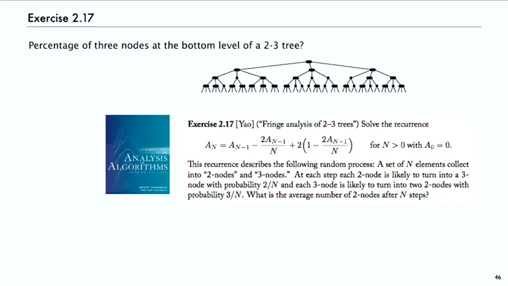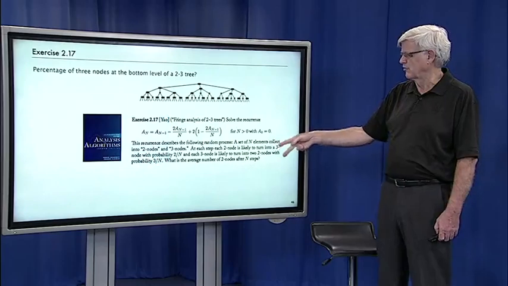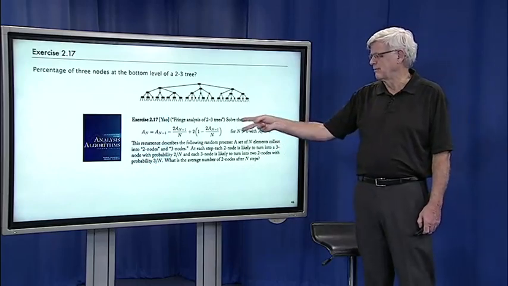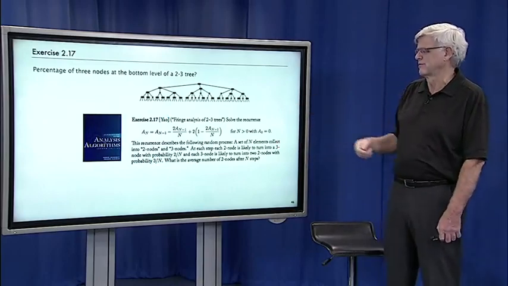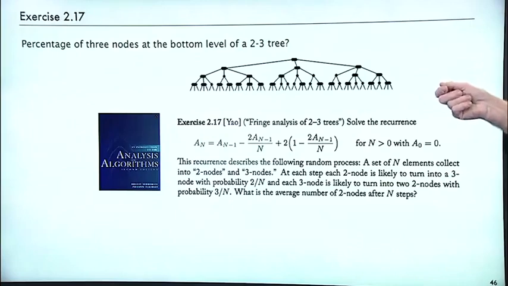It doesn't matter too much now what it is, but there was a paper by Yao that proved that a certain property of this tree is described by a first order recurrence. It's a complicated first order recurrence, and the problem is to solve it.